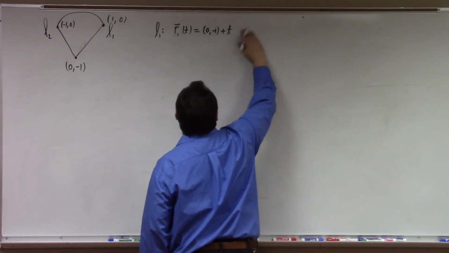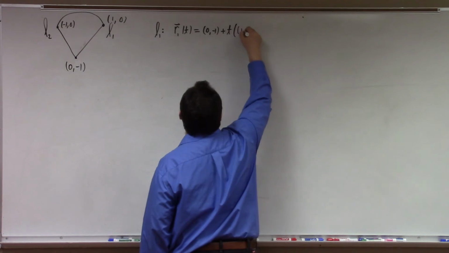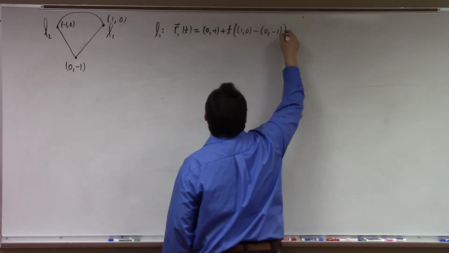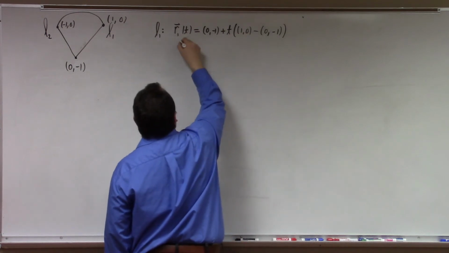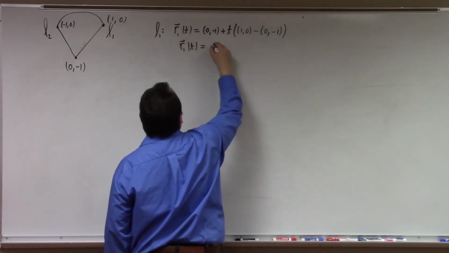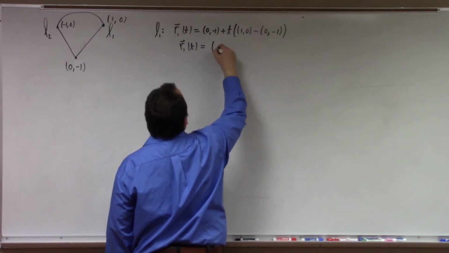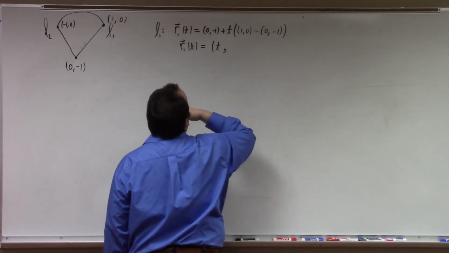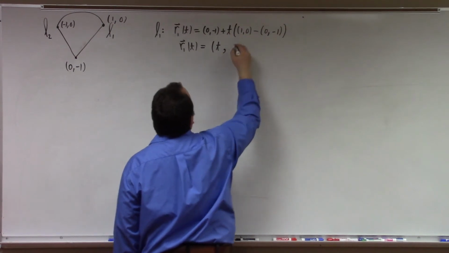Well, the end point, which is 1, 0, minus the initial point, which was 0, minus 1. In other words, R1 of t, parameterization, should be what? It looks to me like t, comma, what we got here? 2t minus 1?